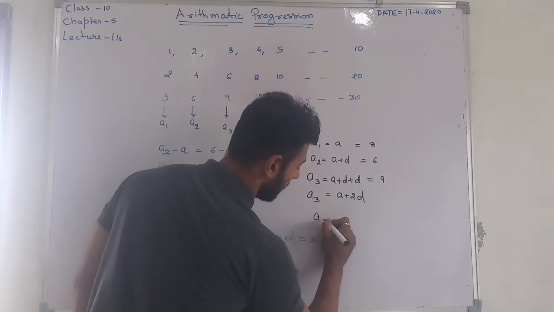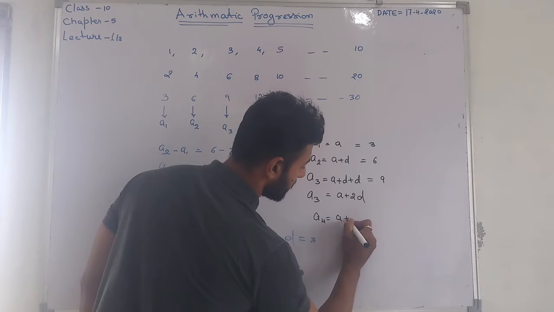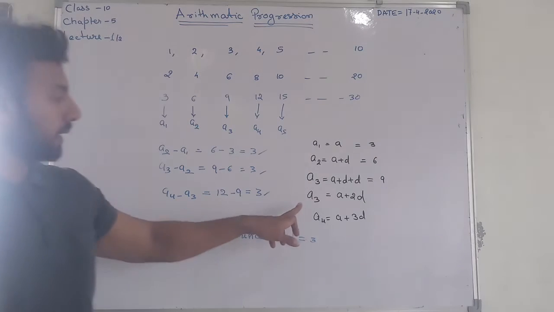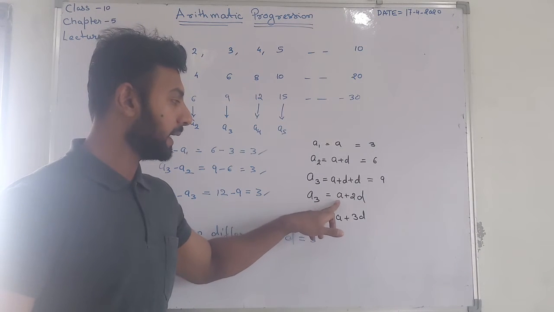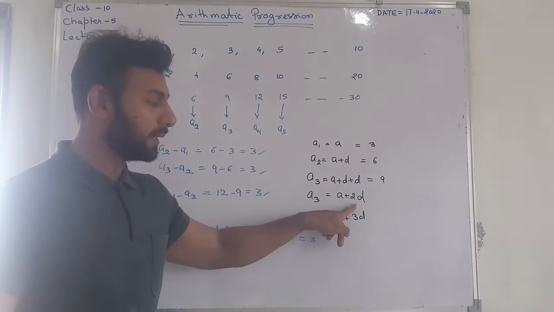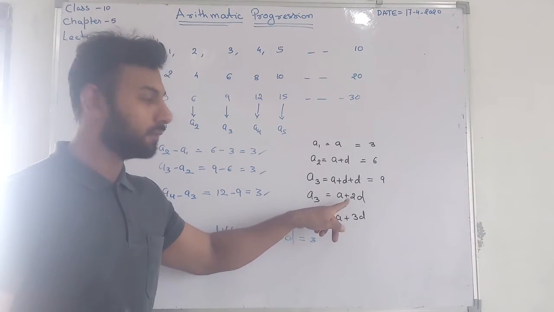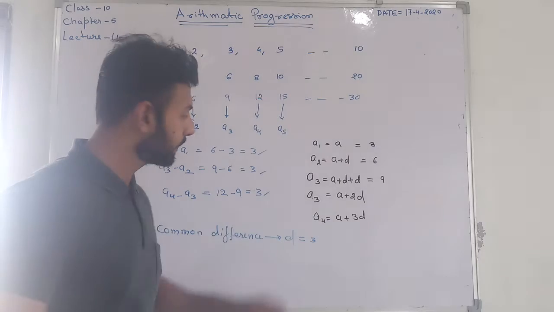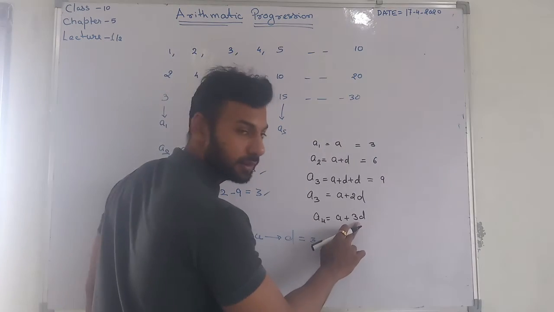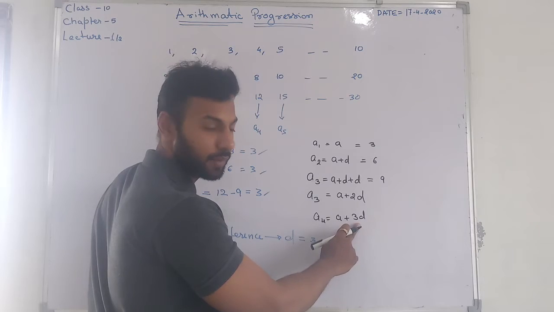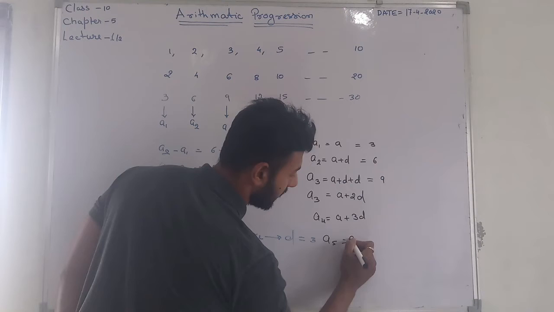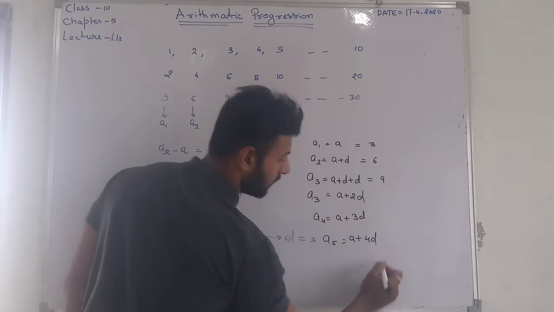Now A4 can be written as A plus 3D. For A3 we write A plus 2D, which means if here we have 3, we write one less number. Similarly, if it is 4, we write one less number, which is 3. For A5, A plus 4D.